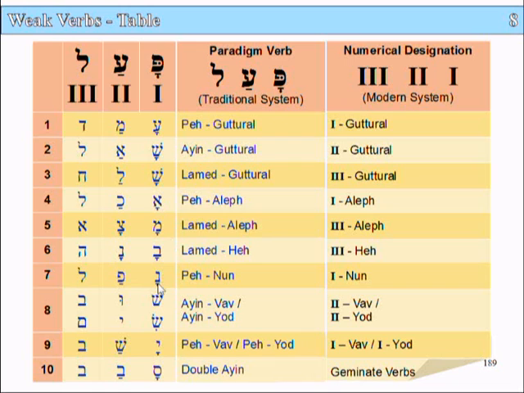And we have these ones here, pay aleph, lamed aleph and lamed hay. So there's a table for each one of these. So this is just a useful classification, and each table associated with these will show all the different vowel changes for any of the verbs in this classification.